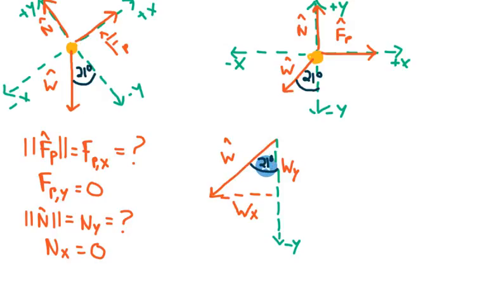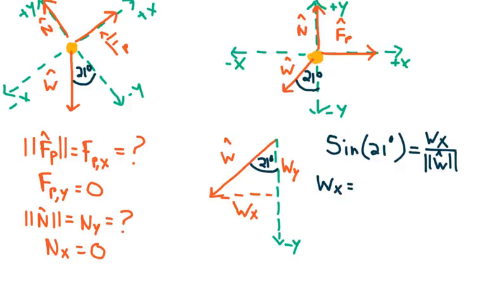Sine of 21 degrees is equal to the opposite over the hypotenuse, so sine of 21 degrees is equal to Wx over the magnitude of that vector, W. Rearranging, solving for Wx, we get Wx is equal to the magnitude of the weight times sine of 21 degrees.